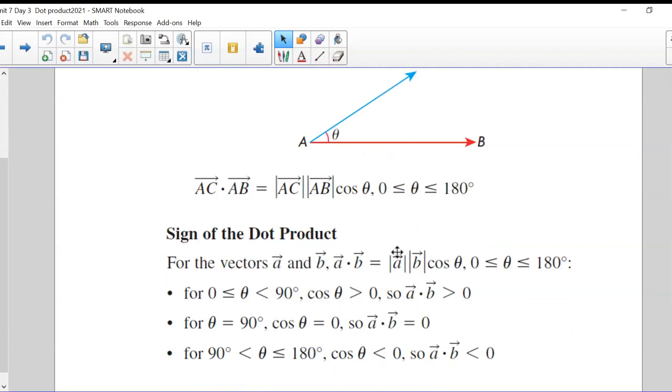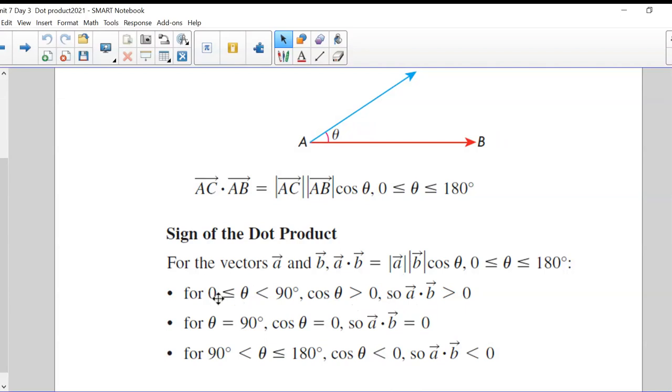However, the sign of the dot product is very useful for you to figure out something about those vectors. If the angle that you're using for the cosine is between 0 and 90, which is an acute angle, then your cosine is going to be positive, and that means that your dot product will also be positive because you're multiplying two magnitudes times that cosine, and therefore the answer is going to be positive.